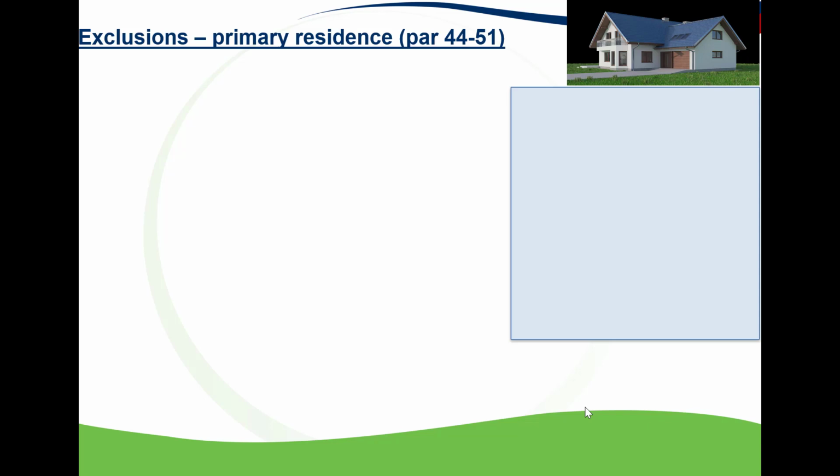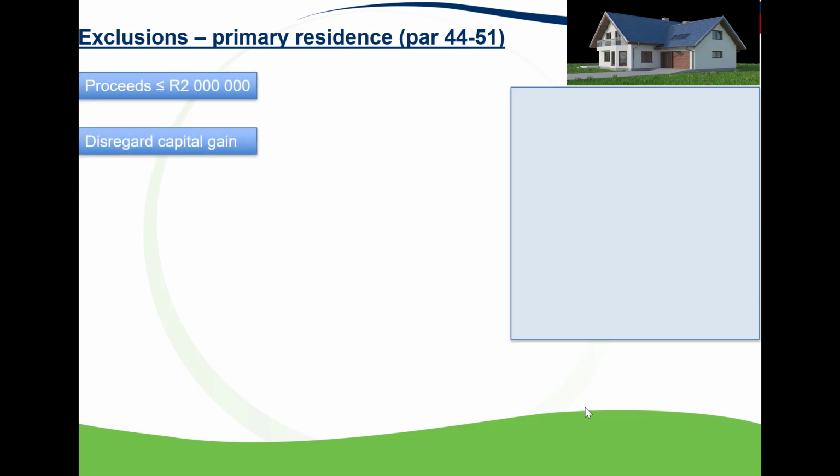The first exclusion that we will deal with is the primary residence exclusion. A taxpayer who disposes of their primary residence for proceeds not exceeding 2 million should disregard their capital gains. The key here is the amount of the proceeds.